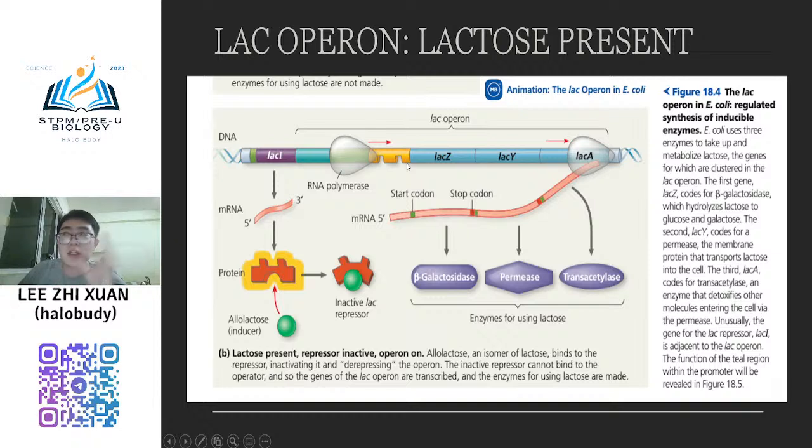You just need to make sure you don't reverse lactose present and lactose absent. If you reverse them, saying lactose present switches off and lactose absent switches on, that is wrong. So please differentiate between these two.